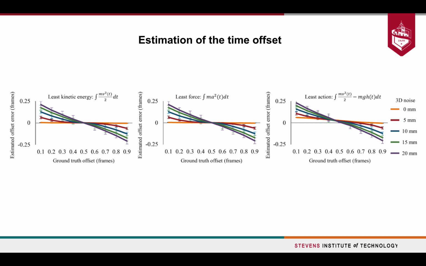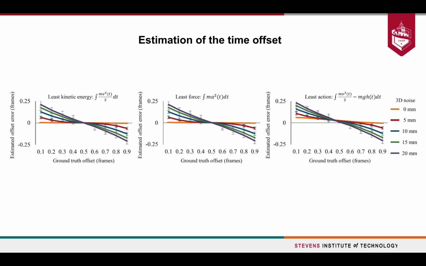You can see least kinetic energy and the least force have basically the same result, and they work very well when noise is low, and when noise is bigger, it fails for some short time offsets.